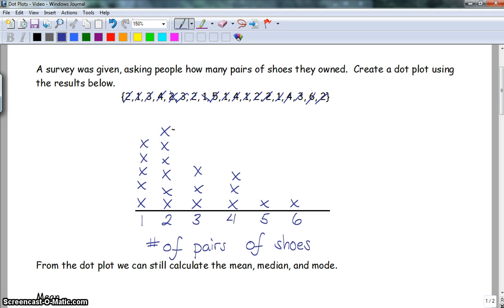So now this graph just helps me visually see all the data points and what it looks like. From here I can still calculate things like the mean, the median, and mode, but it also gives me a little bit more information of what the data values look like now.